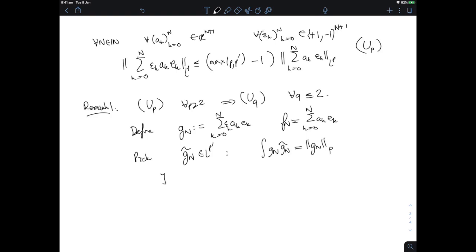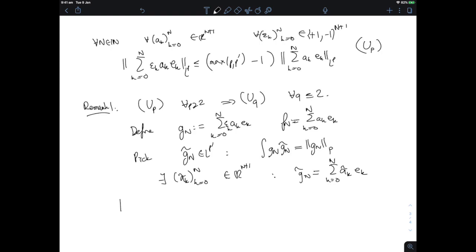So that means that there has to exist a sequence AK tilde, k equals 0 to n, a sequence of real numbers, such that Gn tilde is really the sum of AK tilde Ek, k equals 0 to n. If there was any other Ek in the description of Gn tilde, well, when you integrate it against Gn, it would give you 0, so this won't contribute anything to this integral. So you might as well assume that your Gn tilde is of this particular form. And indeed the norming function will have to be.